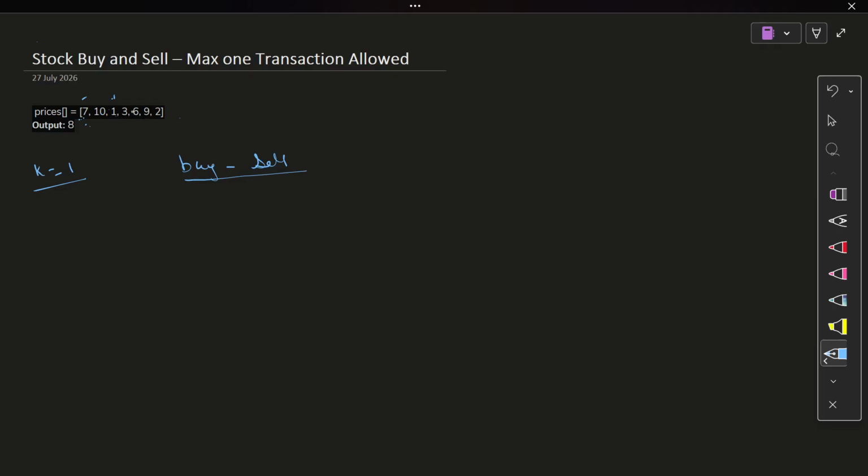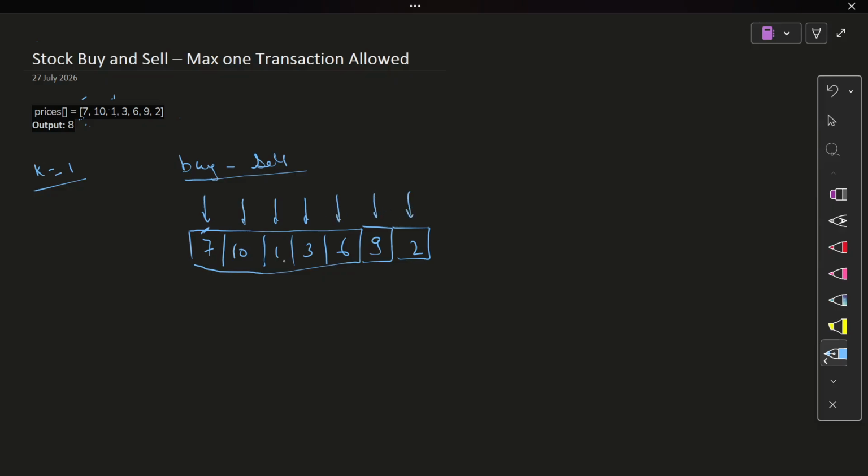In this way we can find, like here 7, 10, 1, 3, 6, 9, and 2. Suppose this is my buying price, and these are selling prices, and we have to maintain the max.